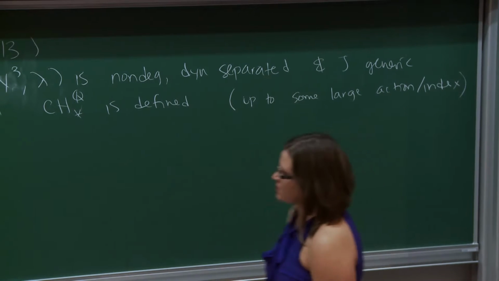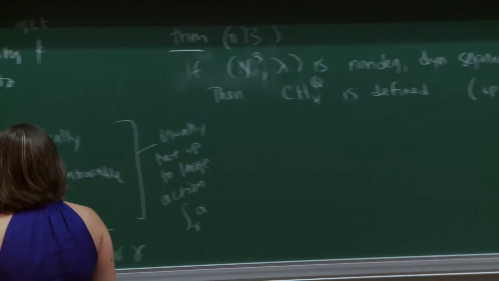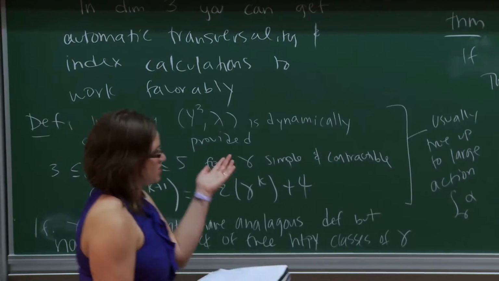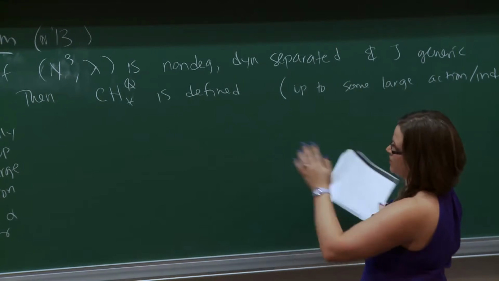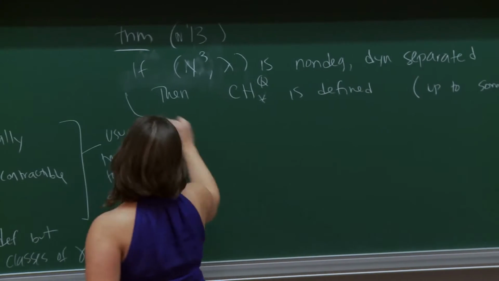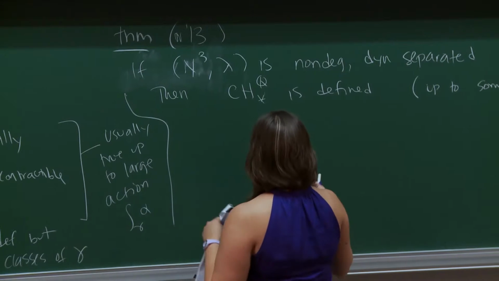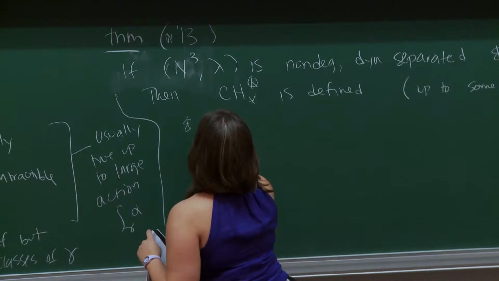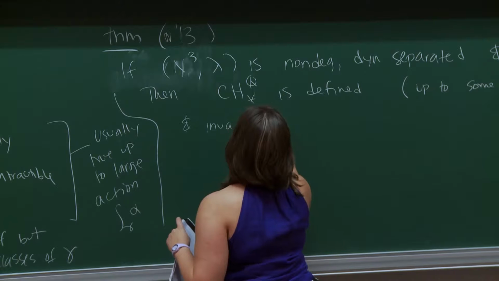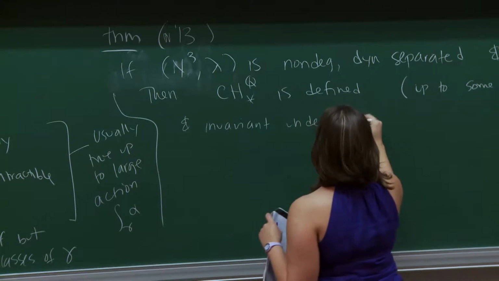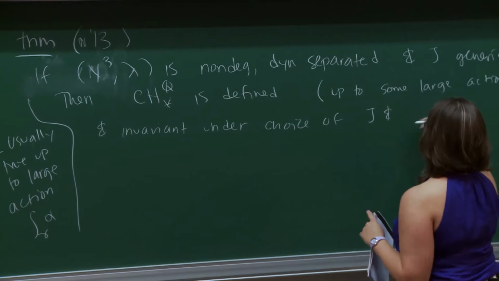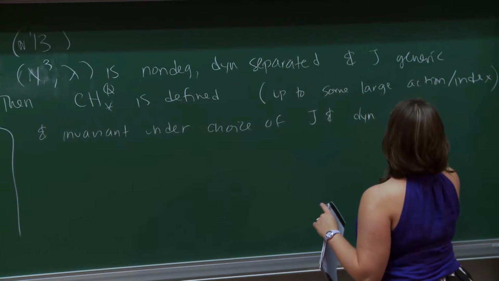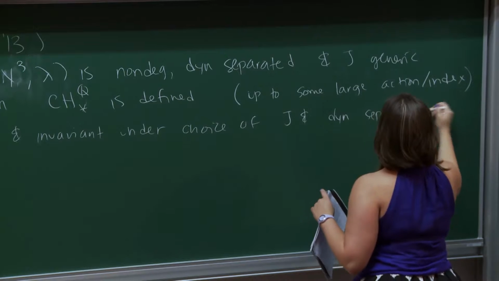So if you don't have this dynamically separated for all of your Reeb orbits, but only up to some large action, then you can only define cylindrical contact homology up to that large action and index, and then there's a way you can take direct limits to actually sort of compute it. It is invariant under the choice of J, and dynamically separated contact form.